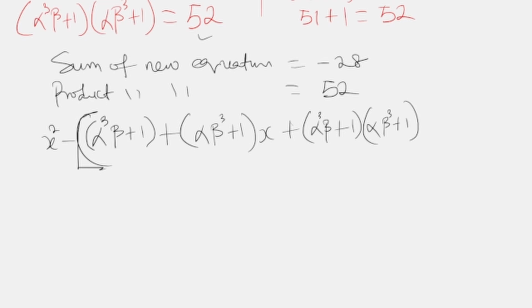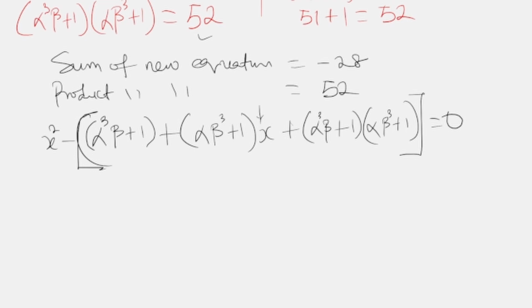And then we close our bracket. This is equal to 0. This is what we're looking for. So now, wherever we see all this, we substitute our sum and multiply it by x, and the product, we also substitute here and then simplify to get a new quadratic equation.